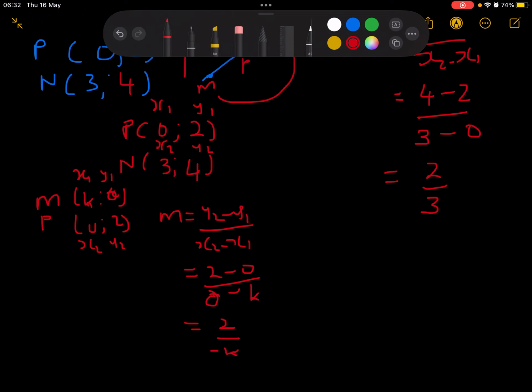But we know that the gradients are the same, so the gradient of PM is equal to the gradient of NP.